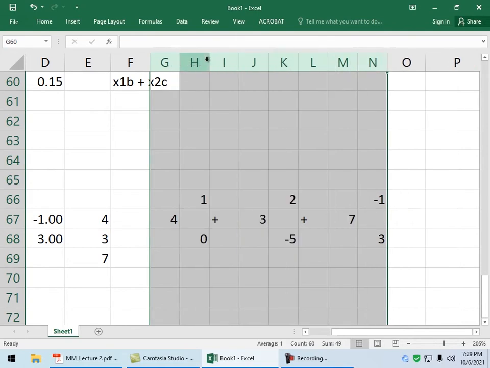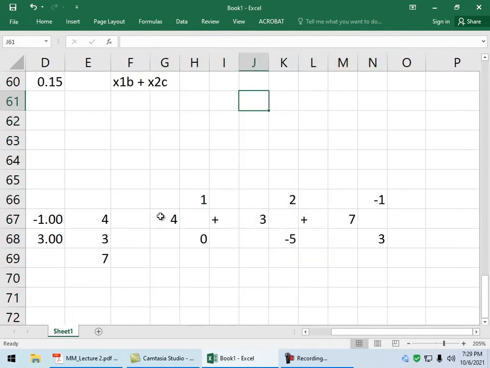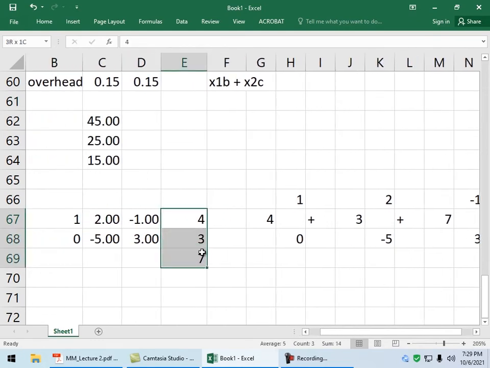So we just placed the initial values of the vector, 4, 3, and 7, over here and multiplied by the columns.